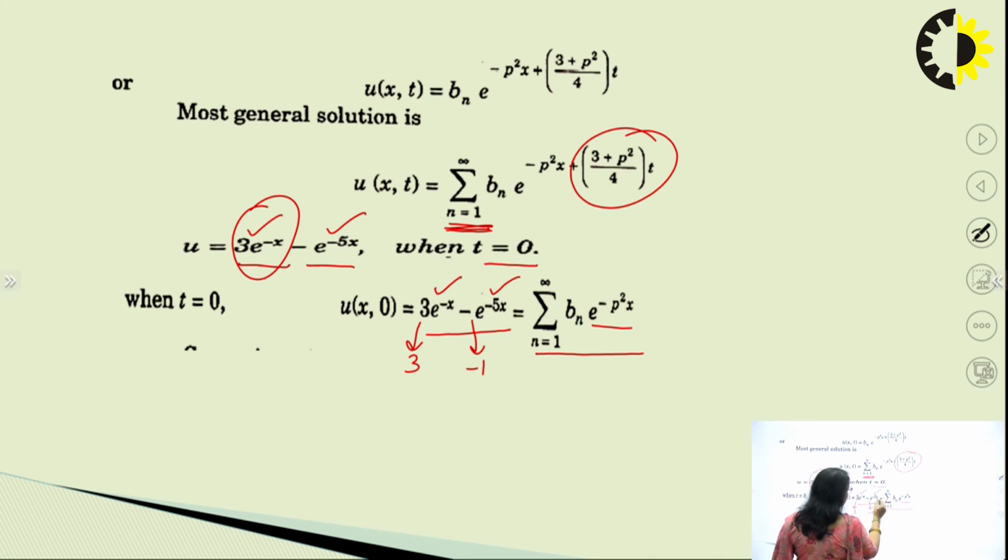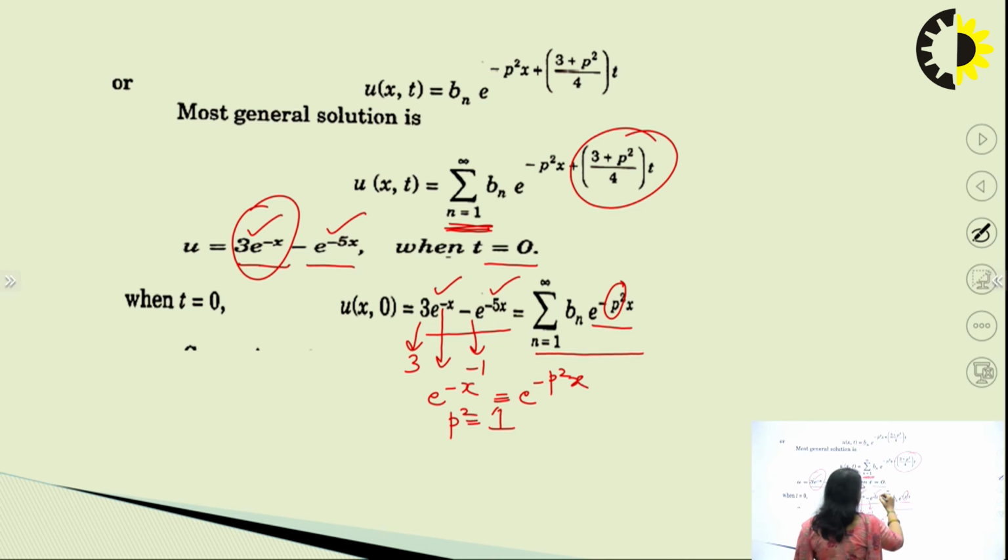Whereas when I look at the power of e, that is minus p square x, in this case e to the power minus x is there. So on comparison with minus p square x, I am having p square as 1.